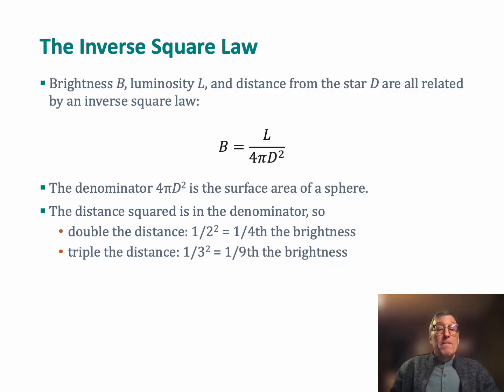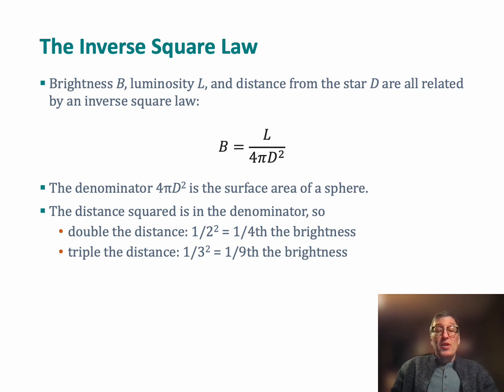The brightness, shown in an equation, is equal to the intrinsic luminosity of the star divided by the area of the sphere that would have the distance d from the star. So if Earth is d light years from the star, then the area of the sphere that would include the Earth would be 4 pi d squared.